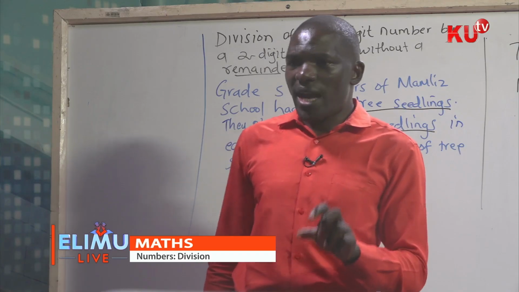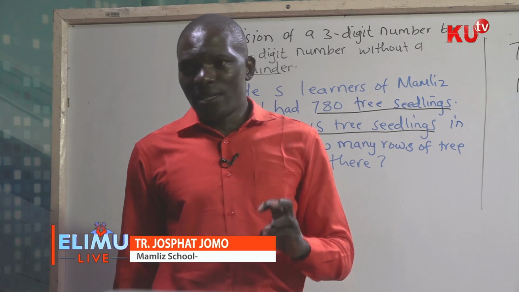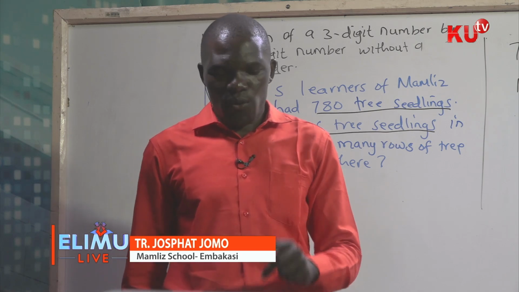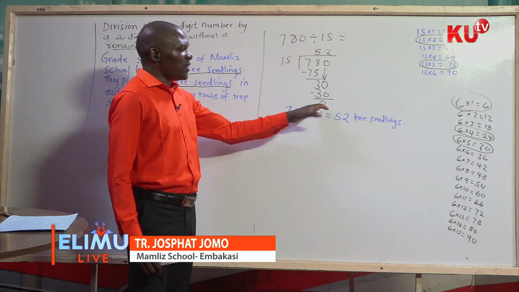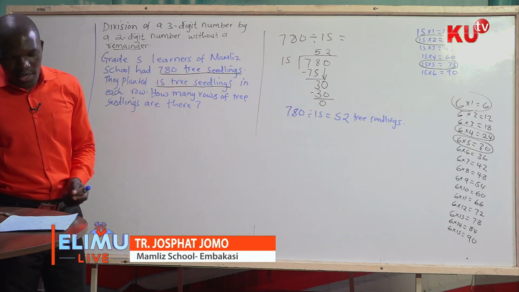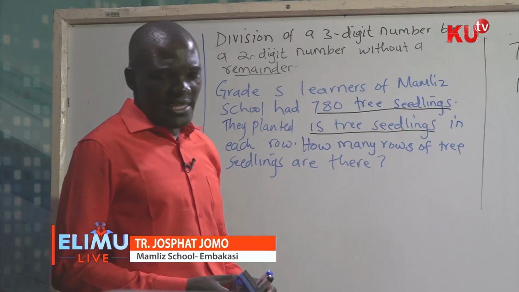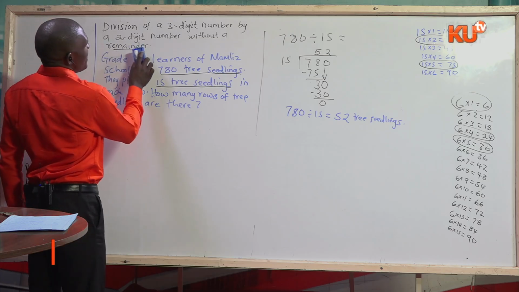A sum that will have a remainder, it can have a remainder like 1, 2, 3 onwards. But if it is 0, then 0 cannot be a remainder because 0 means nothing. So let's look at division of a 3-digit number by a 2-digit number with a remainder.